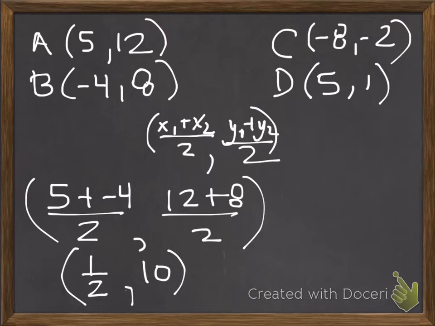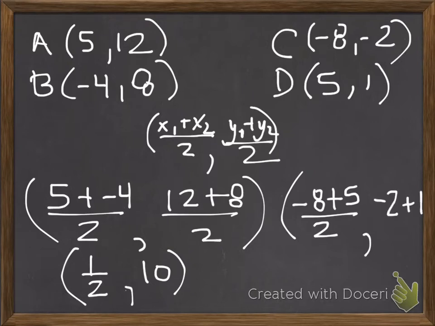We can do the same thing for CD, negative 8 plus 5, the x coordinates divided by 2, and negative 2 plus 1, the y coordinates divided by 2. So you get negative 3 over 2 and negative 1 over 2.